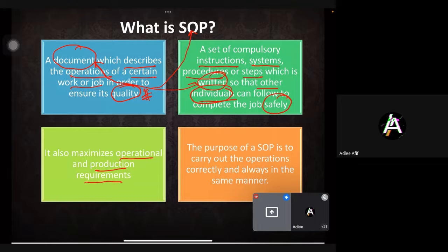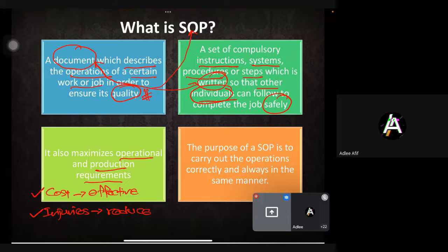For example, you are talking about cost and how to make sure that it is effective, or you want to reduce injuries. So SOP will help you to make sure that the operational and production requirements, for example in terms of cost or in terms of injuries, can be fully used.